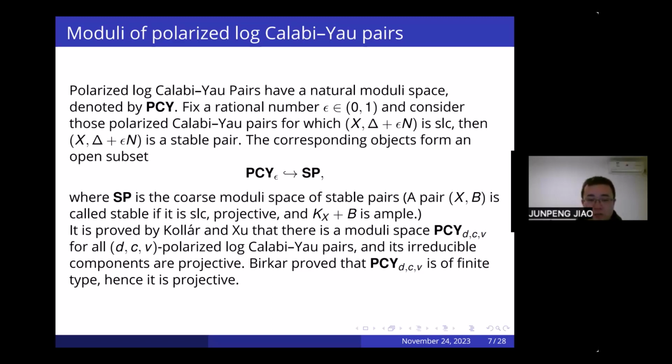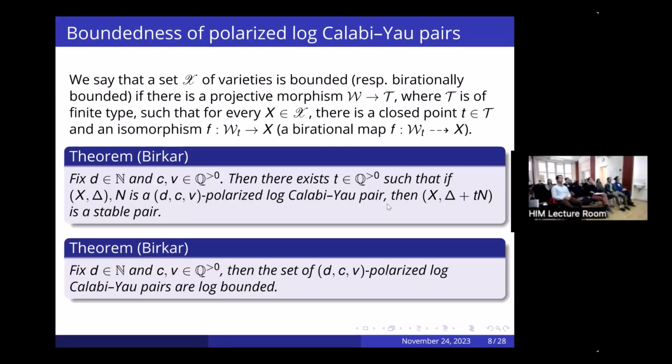And Birkar proved that this moduli space is actually of finite type. Hence the moduli space is projective. Finite type is equivalent to saying that the set of varieties is bounded.